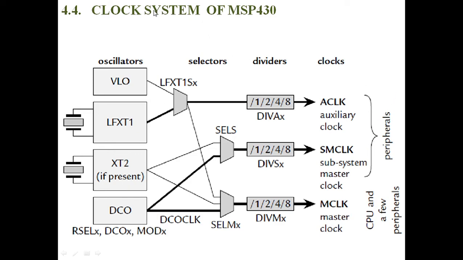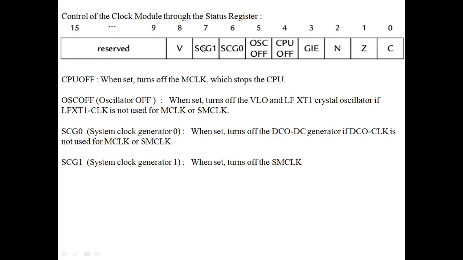This clock system is controlled by using the control register. If you want to stop the master clock, at that time we give 1 to the CPU off bit in the status register of the clock module. If you want to stop the VLO, we can give 1 to oscillator off.